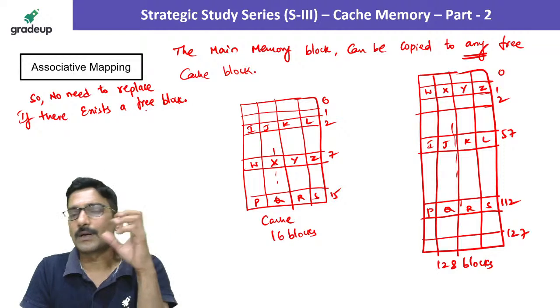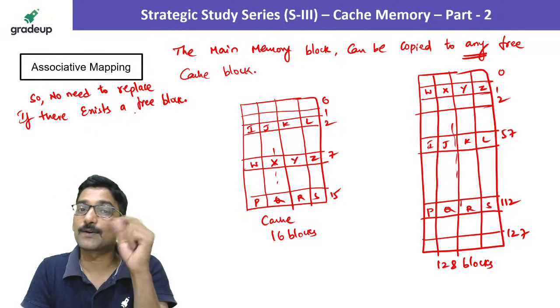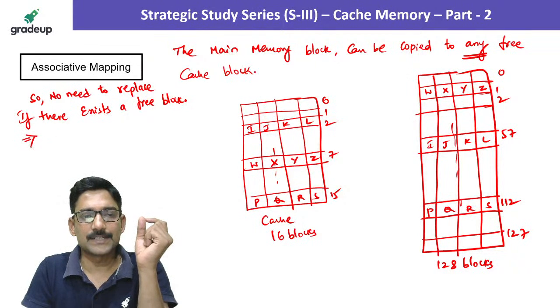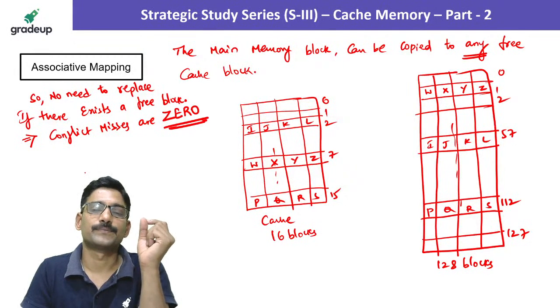The miss that occurs due to this replacement we call a conflict miss. Here such a need will not come. So we can say in associative mapping, conflict misses are 0, not less. They never occur.